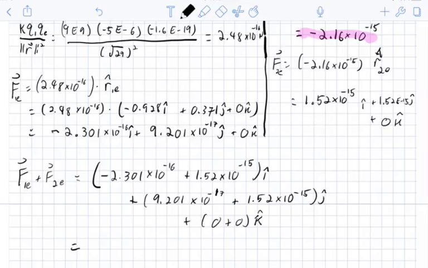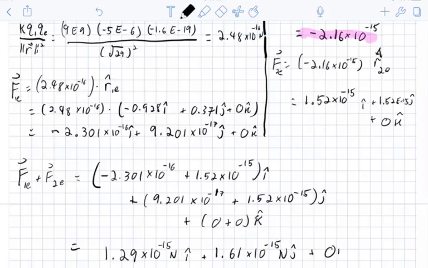That's positive 1.29 times 10 to the minus 15 newtons in the I hat direction, and 1.61 times 10 to the minus 15 newtons in the j hat direction and 0 newtons in the k hat direction. Okay. So overall, this is just the same procedure that we were doing in class, literally step by step.